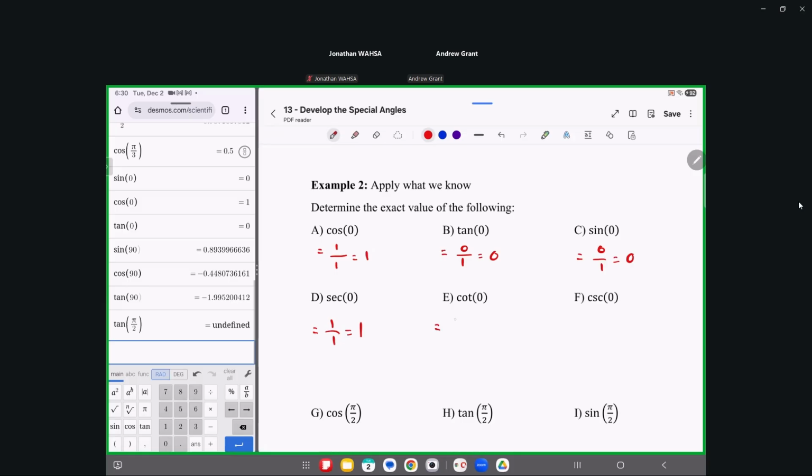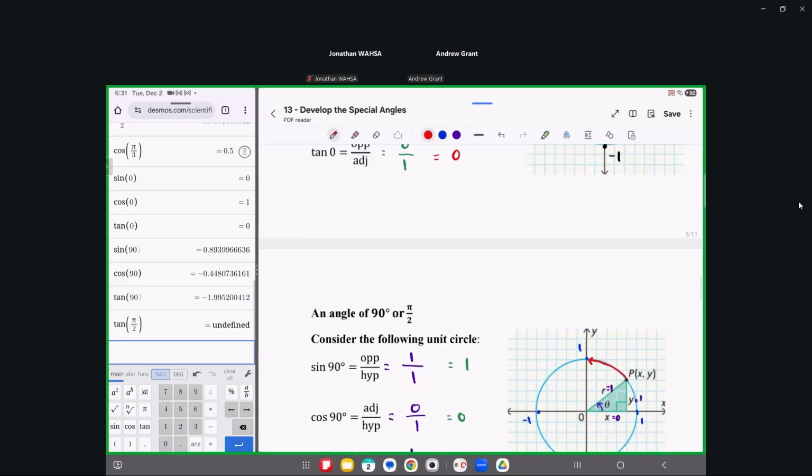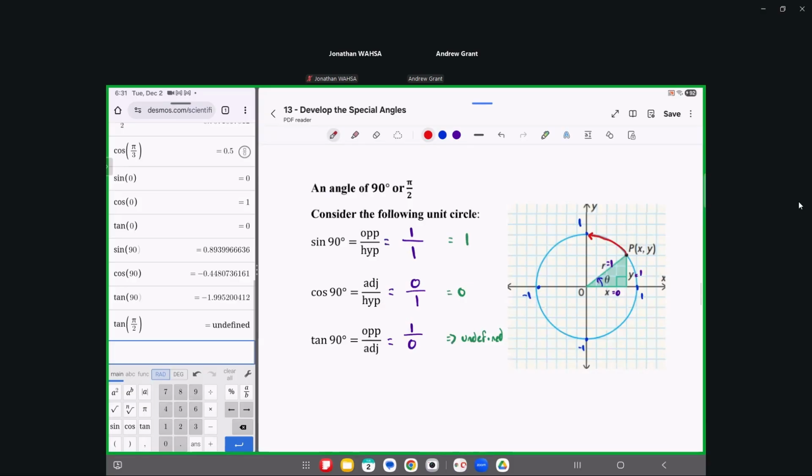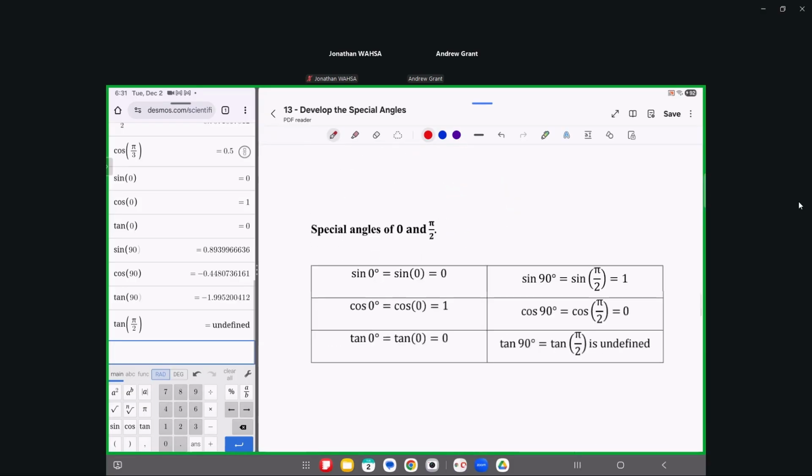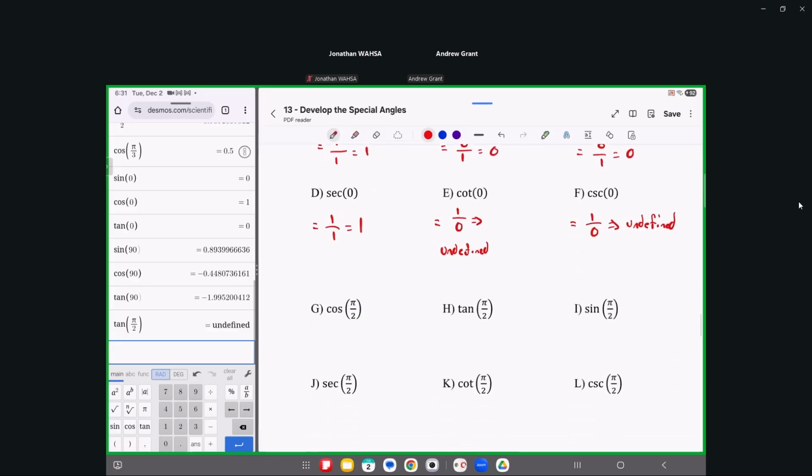Cotangent of 0 is going to be equal to 1 over 0, which is undefined. So with the reciprocal trigonometric ratios, we're going to run into the situation where we end up with division by 0. The reason I wanted to take the time to show the 1 over 1, the 0 over 1, and the 1 over 0 was with respect to the reciprocal trigonometric ratios.